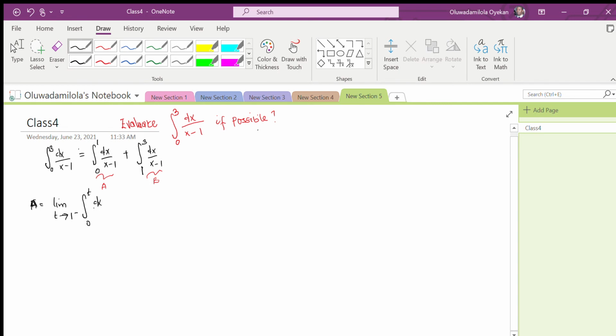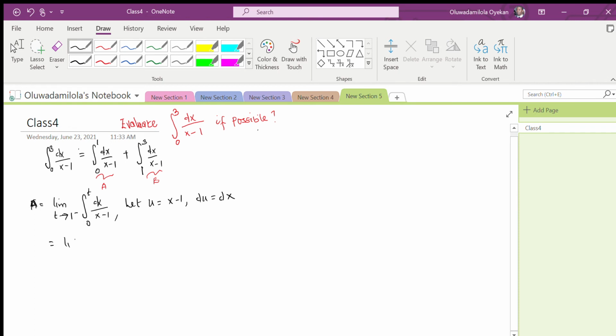dx over x minus 1. I just integrate this properly using the substitution method. Let u equal x minus 1, then du equals dx, so I substitute back into the integral.